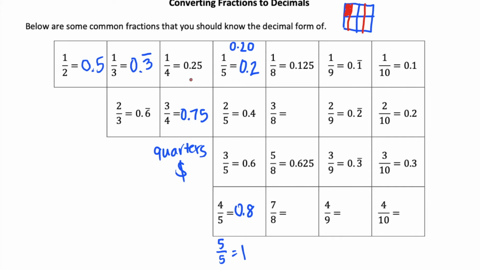So if I remember that a quarter was 0.25, half of a quarter would be 0.125, or 125 thousandths. So it's just half of 25 cents, if you can imagine that. So then we have 1/8 as that value.